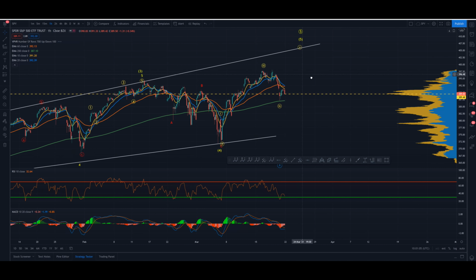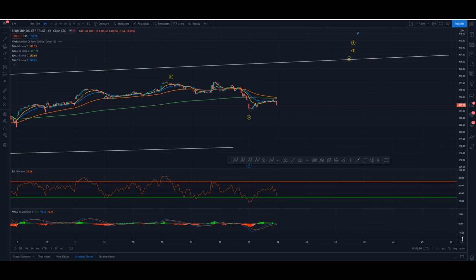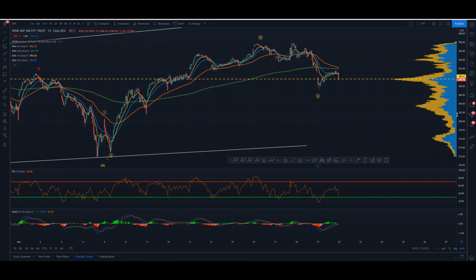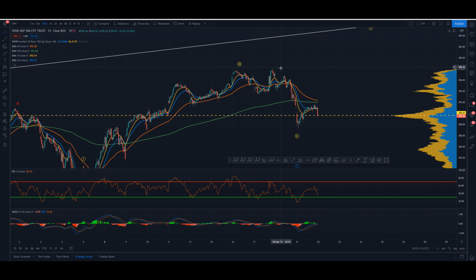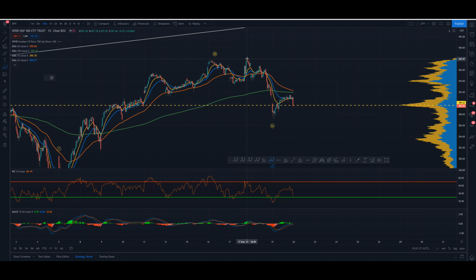Now, it's also possible that if we just zoom into the shorter time frame here, we have got a structure where we have a higher high on the 17th of March, which is higher than the high back here on the 16th, and then we have what could be the start of a 5-wave structure. 1, 2, 3, 4, 5.